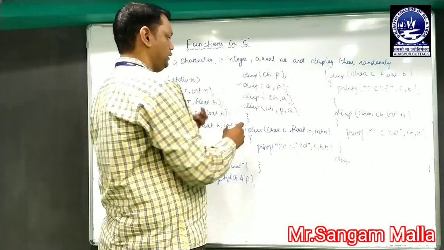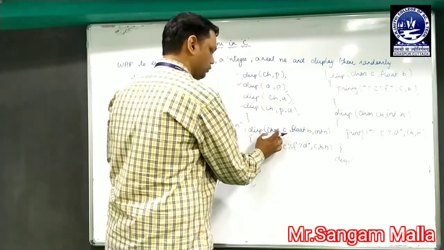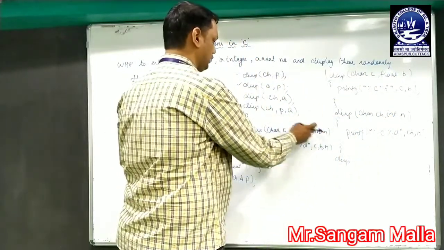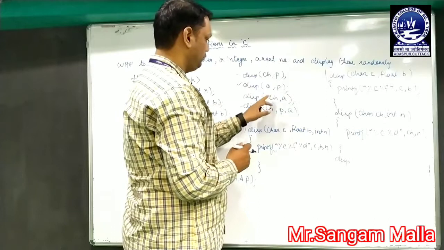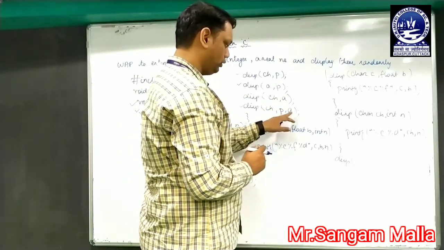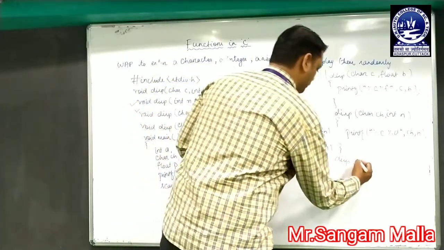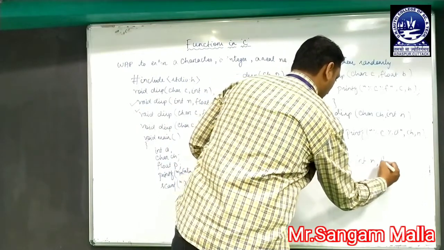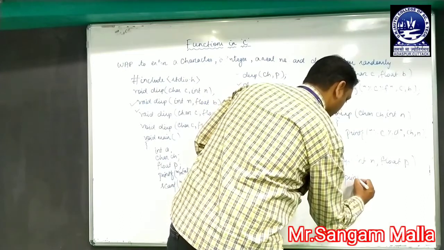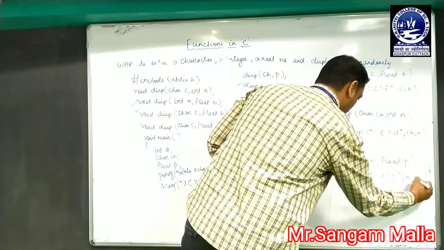We have taken 3 sequences already: character float, character integer, character float integer. Now I have to take integer and float. So display int n, float p, and I have to print it, printf %d, %f, n, comma p.